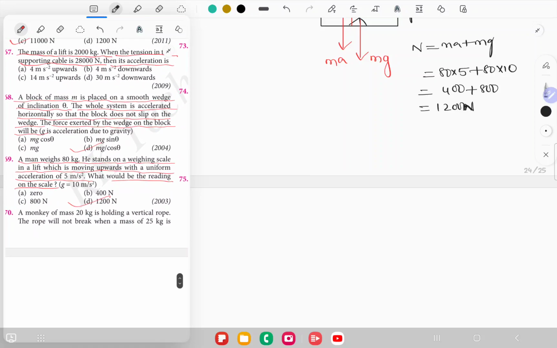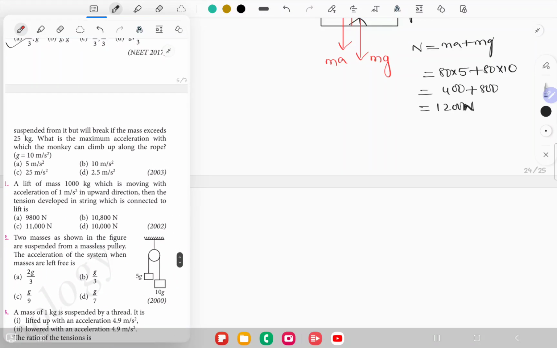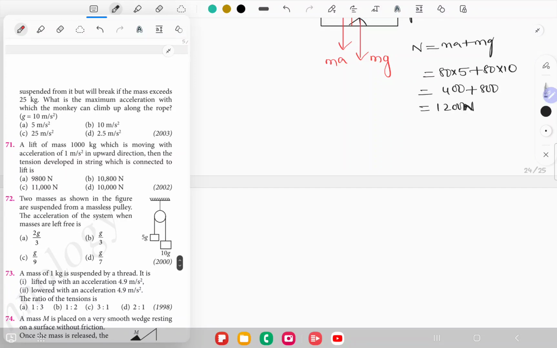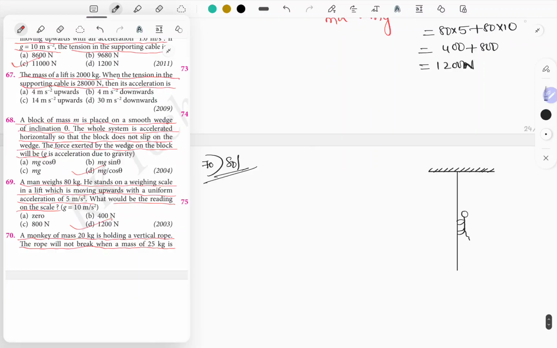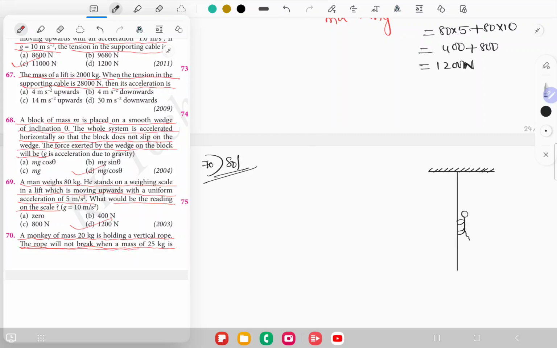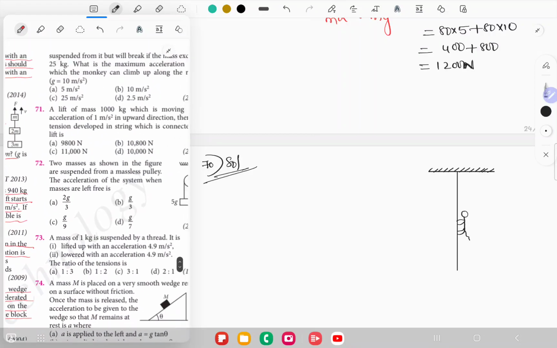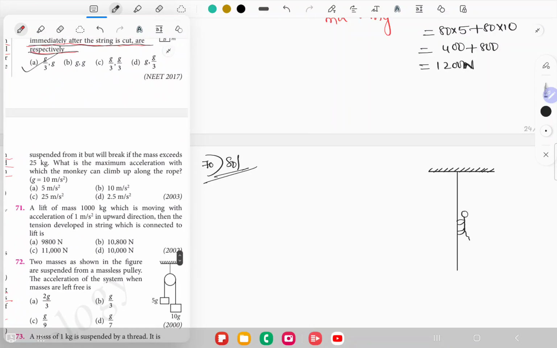Hope you understood. Next type of numerical they have given is based on a monkey. Super. A monkey of mass 20 kg is holding a vertical rope. The rope will not break when a mass of 25 kg is suspended from it, but will break if the mass exceeds 25 kg. Look at this, they have given a hint.